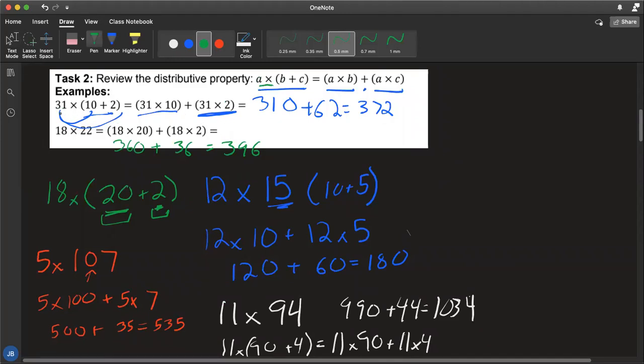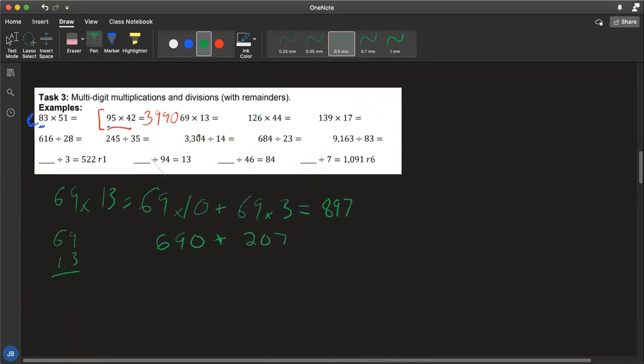So if we had 31 times 12, we could break the 12 apart and do 31 times 10 plus 31 times 2. Okay. And so it's just breaking up numbers to give it a little bit easier multiplication. Does that make sense? Yeah. All right. So do you want to do this one here for us, Anthony? The 126 times 44?